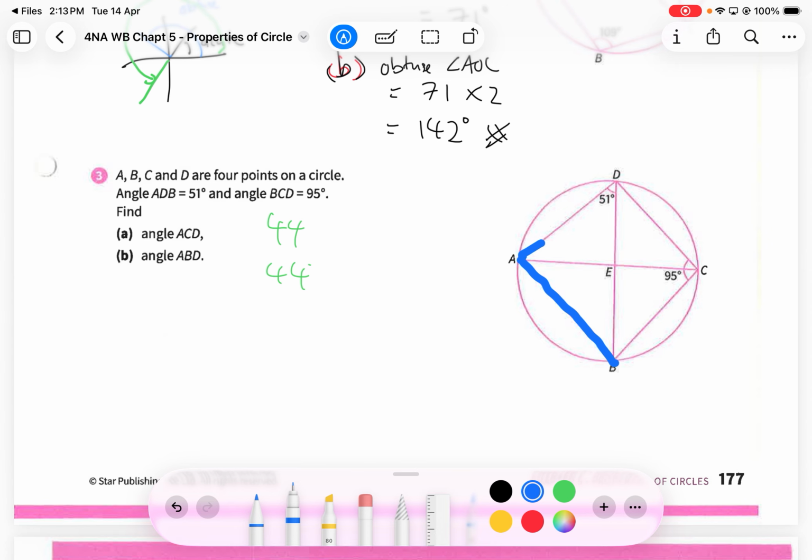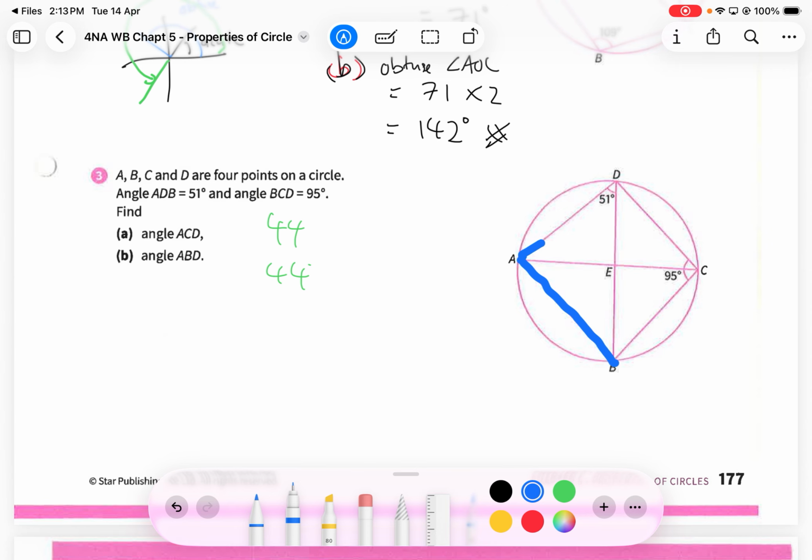So, coming here, this side is also 51. Okay, that is the other thing that they want us to see. 51, here must be 51. That's why this one is 95 minus 51. Okay, they wanted us to see this one.